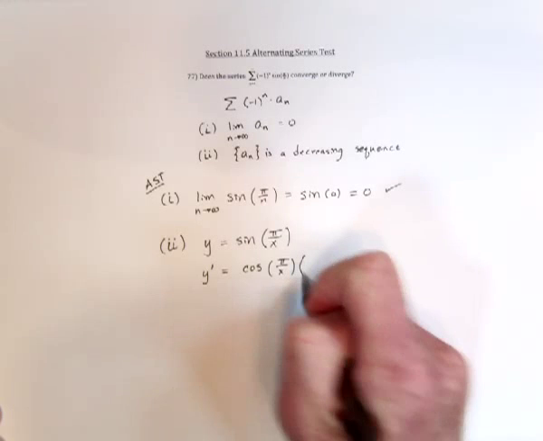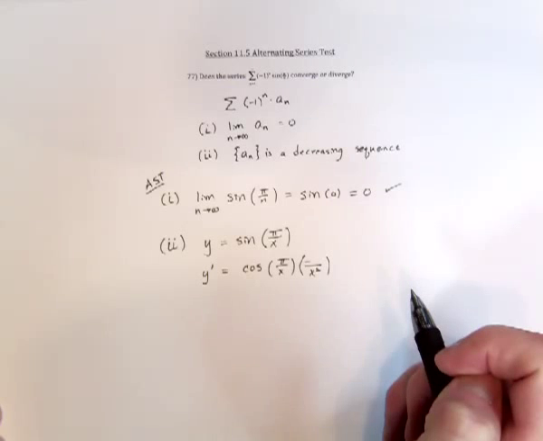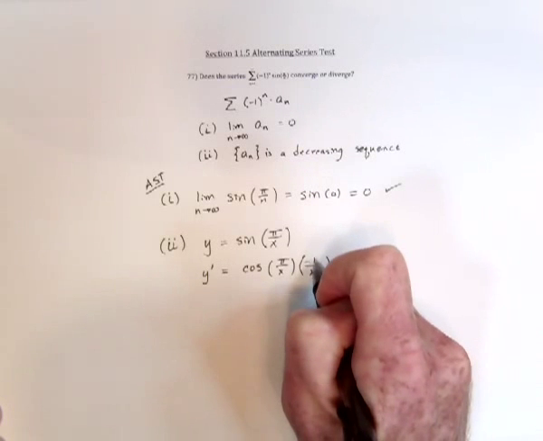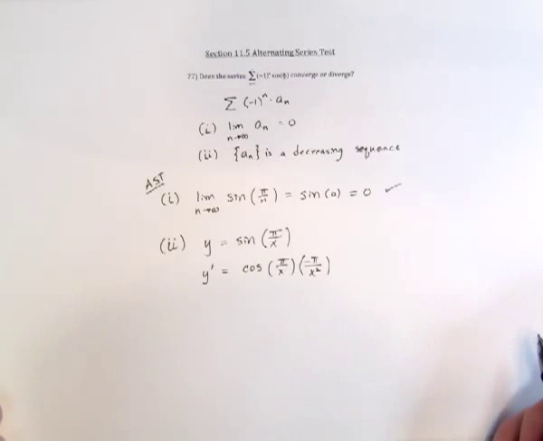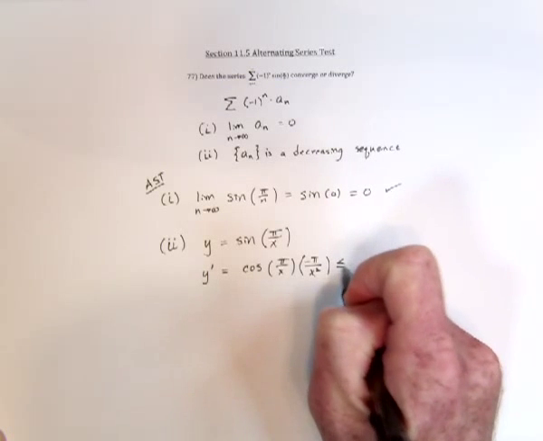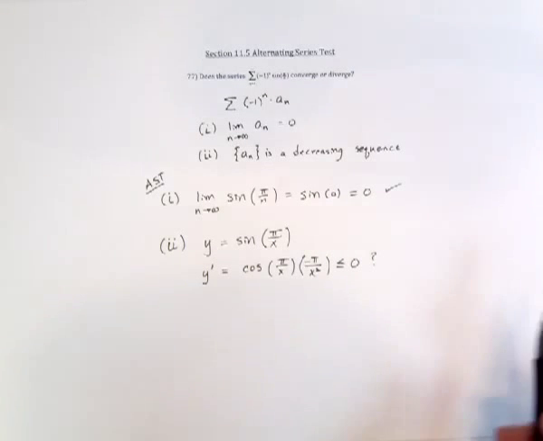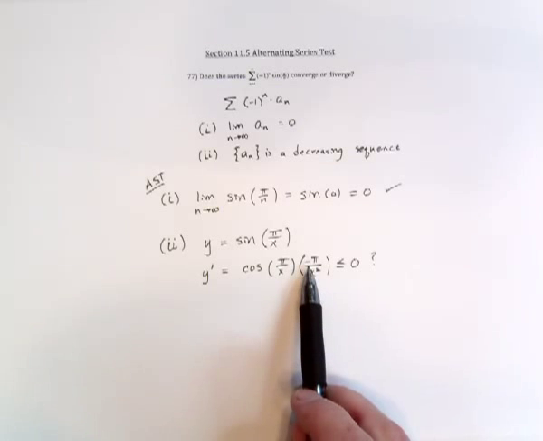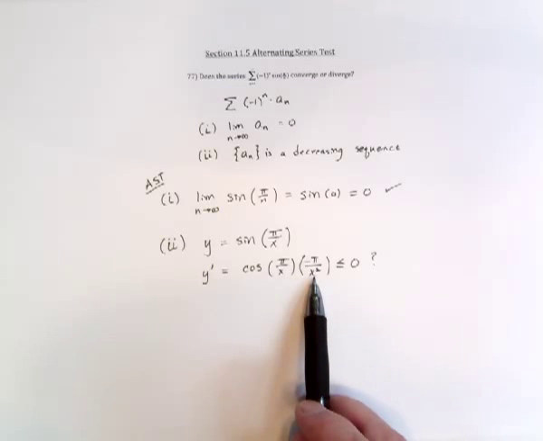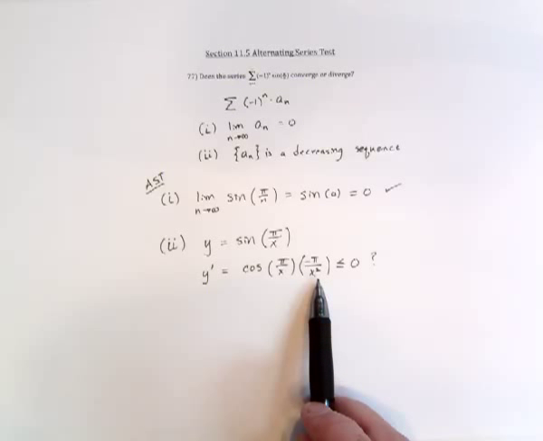The derivative of 1 over x is negative 1 over x squared. Then the pi is a constant, so it would stay there. And then, is this going to be decreasing, or in other words, is the derivative going to be less than or equal to 0? Well, I could answer that straight away because you've got a negative here and you've got x being squared, so that's a negative divided by a positive, so that's negative.